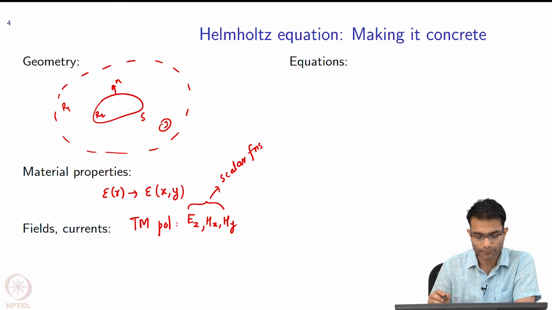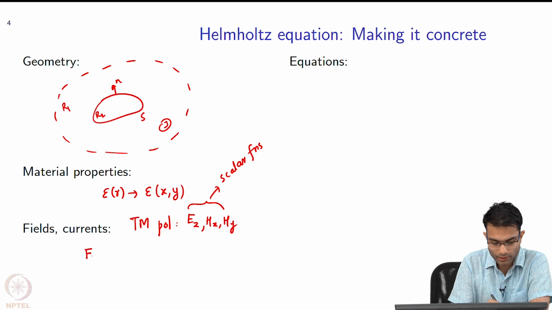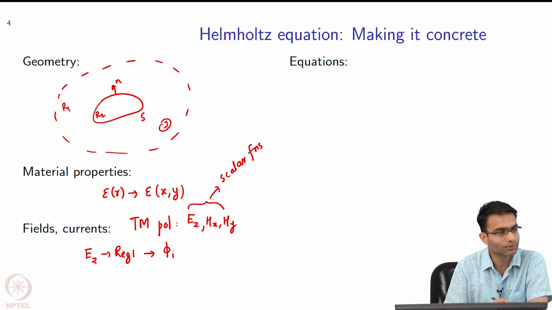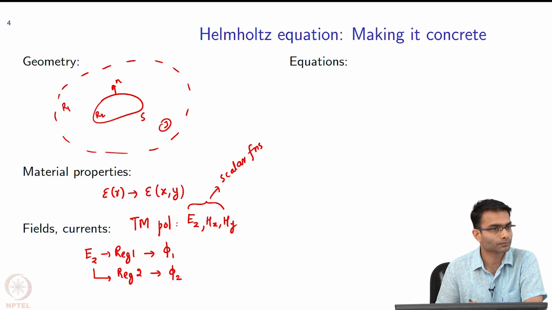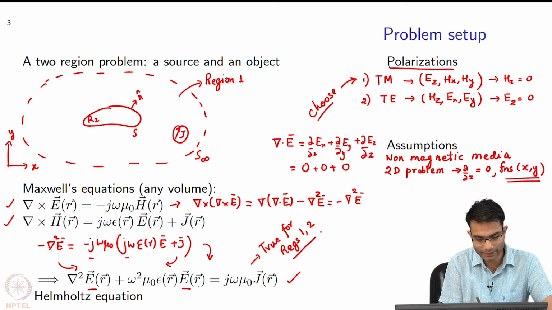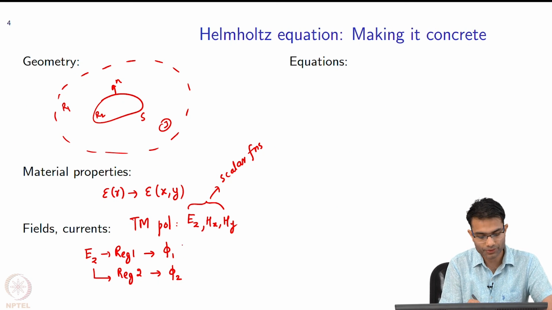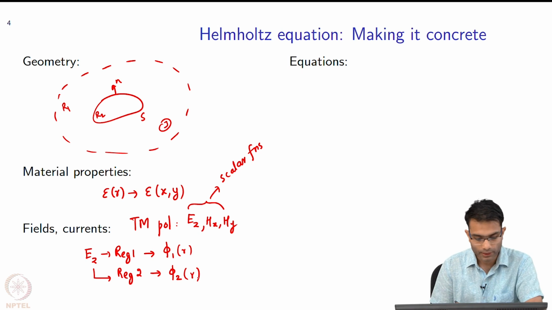So, I am going to denote Ez in region 1 as phi 1 and in region 2 as phi 2. Okay. If you recall, the previous equation was an equation only in electric field. So, that is why I am introducing a simpler notation for the electric field in terms of a scalar. So, I do not have to keep writing vector everywhere.